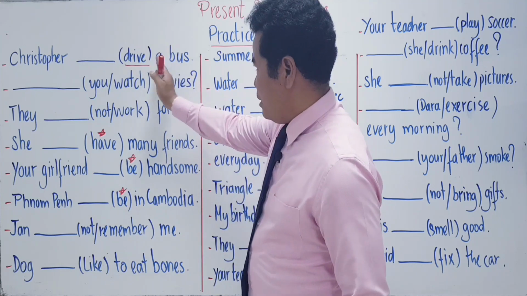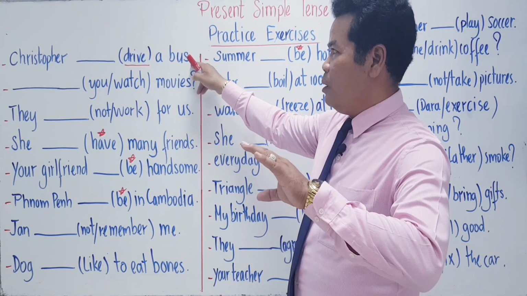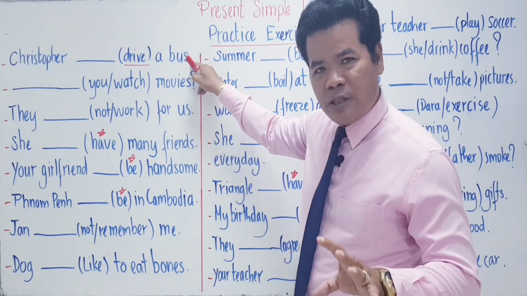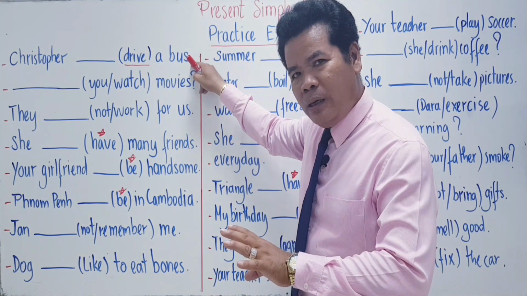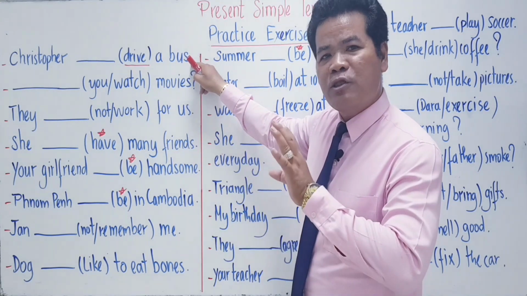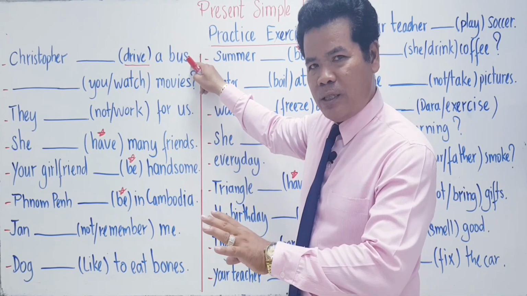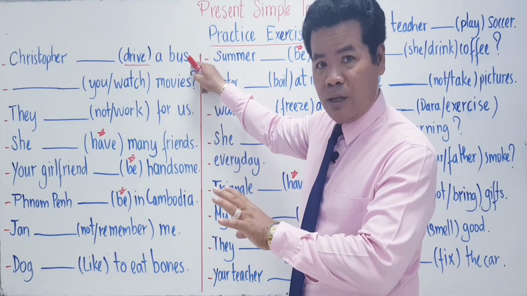Christopher, bracket, drive a bus. Every time you have to see the instruction of the exercise first. What do they want you to do? If you know exactly about the instruction, you can do it 100% right. Understand? Because you follow the instruction.